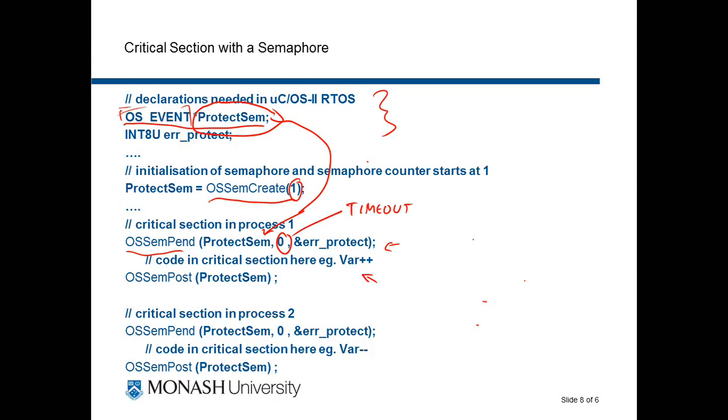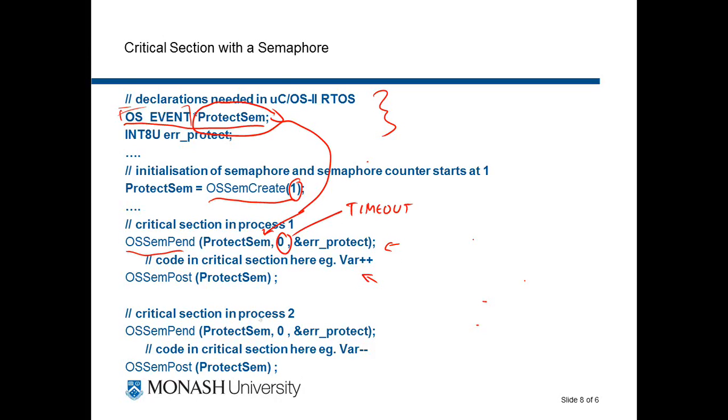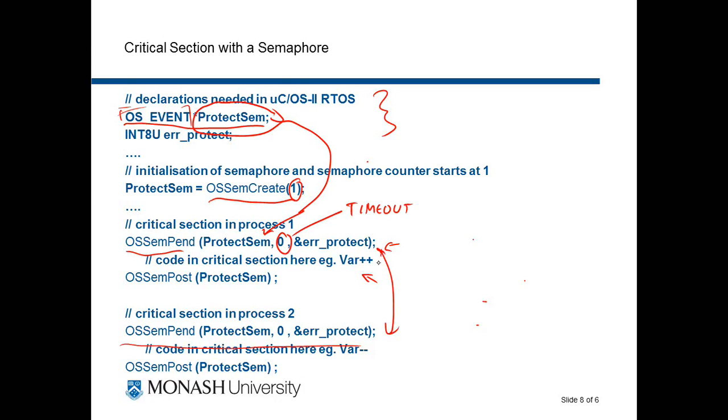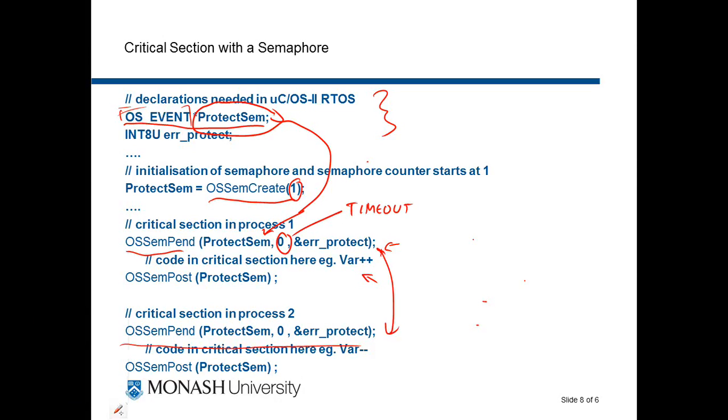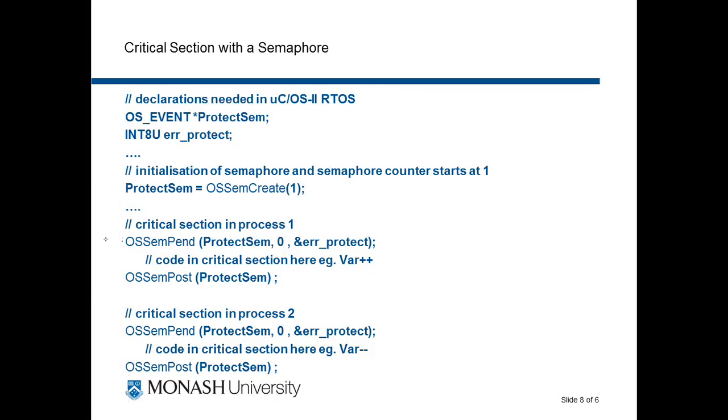And if you have multiple processes, they have the exact same code. So the second process, when it asks for a semaphore, is going to ask for the exact same thing as the first process. And it's going to post in the same way. So you can imagine these two processes are competing for the same semaphore, or competing for what will be a shared memory location or something.